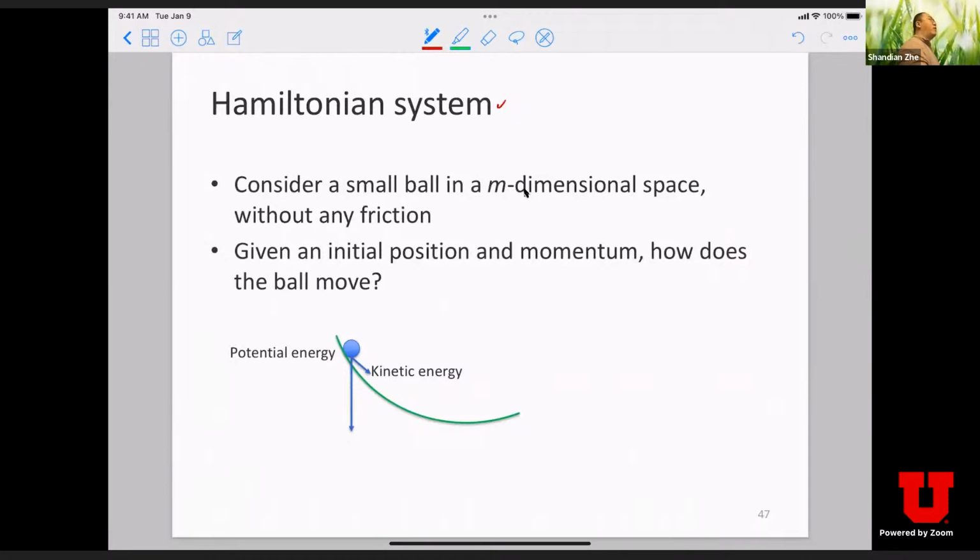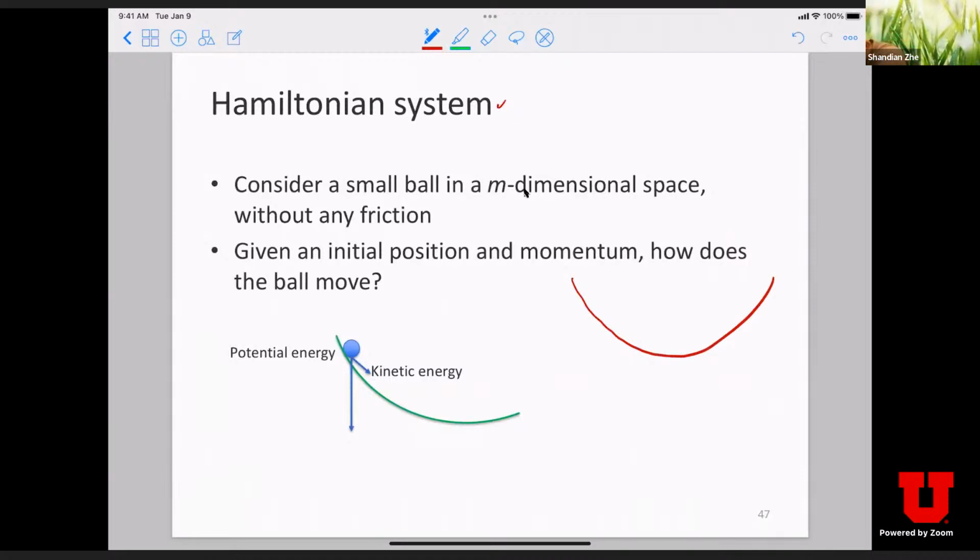Of course, the most intuitive instance would be just 3-dimensional space, but that doesn't matter. Let's just assume there's an m-dimensional space, and you have a ball, and you put the small ball into some curve like this.